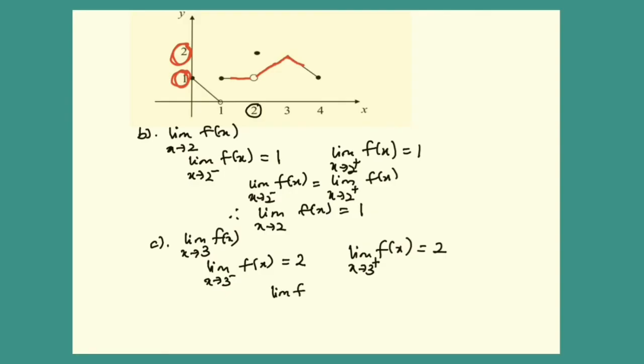Okay, limit f(x) as x approaches 3 from left equal to limit f(x) as x approaches 3 from right. Therefore, limit f(x) as x approaches 3 equal to 2.